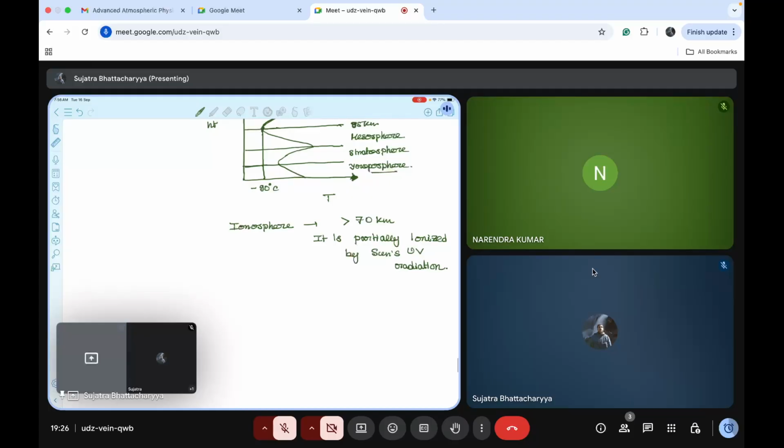Okay, what is another helpful thing in this ionosphere? Long distance radio transmissions are possible due to the reflective properties of ionized regions.